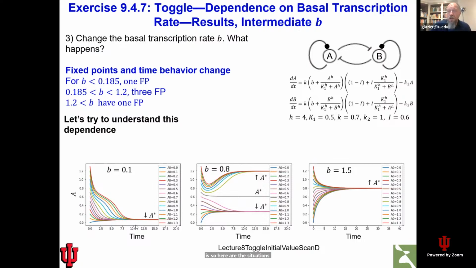If b is small, a goes to a stable low value. If b is big, a goes to a stable high value. If b is intermediate, then if a is bigger than b initial, I go to a high value for a. If a is less than b initial, I go to a low value, and if they're equal, I go to the unstable steady state.